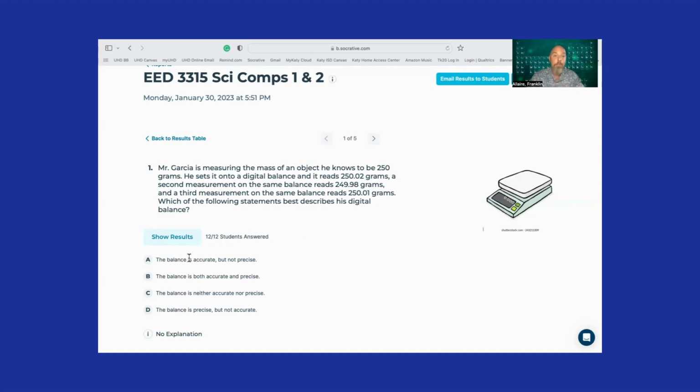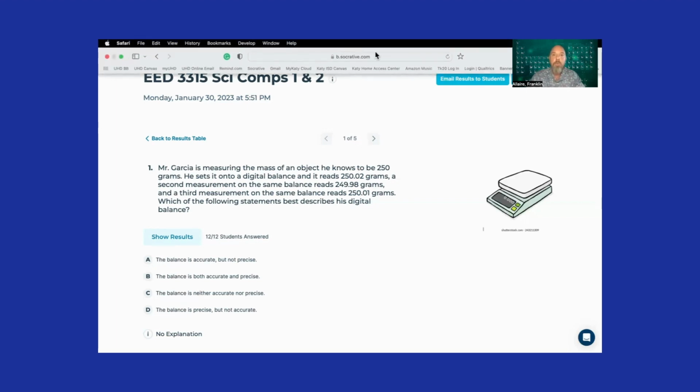We have 4 statements here. A says the balance is accurate but not precise. B says the balance is both accurate and precise. C says the balance is neither accurate nor precise, and D says the balance is precise but not accurate. You need to determine which of these statements is the most correct.